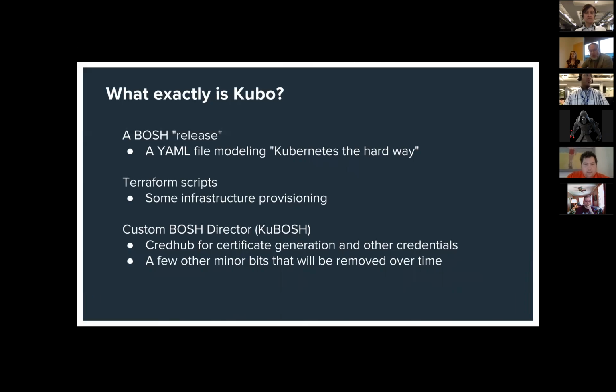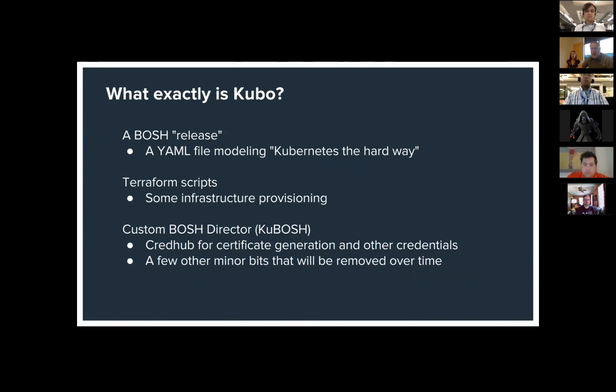This is not a fork of Kubernetes, and it's not any sort of changes to Kubernetes. It's the standard out-of-the-box Kubernetes experience, SIG clusters running on VMs, the whole bit. There are some Terraform scripts today that will spin up some of the infrastructure, and we'll talk about that in a second. And then there's a custom BOSH director.